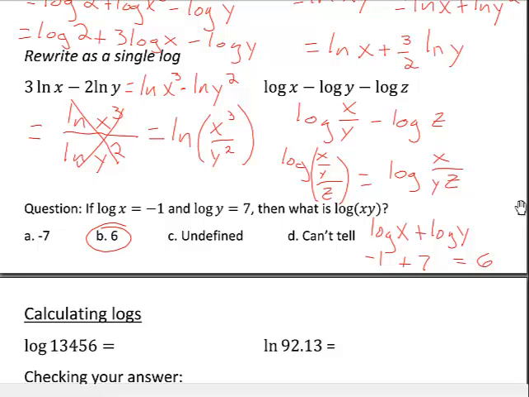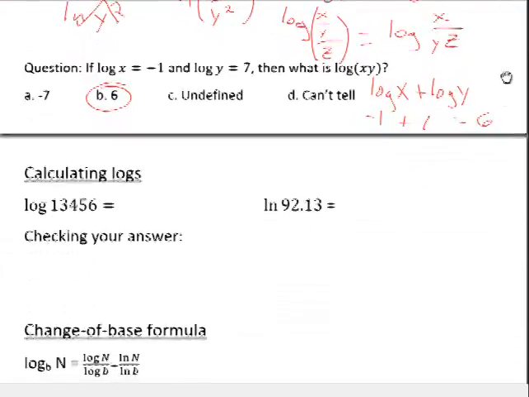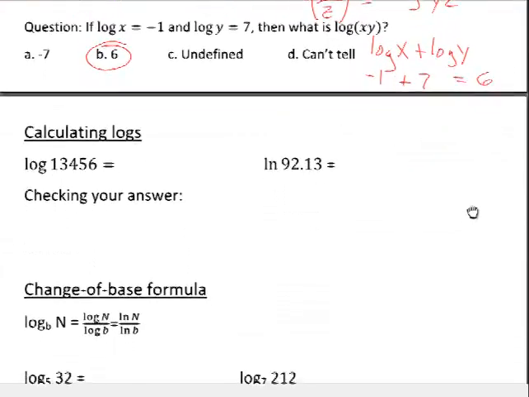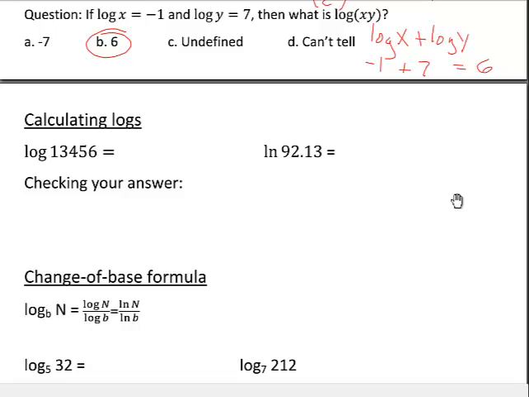So next up then is learning how to deal with these in your calculator. This is fairly straightforward. We have a LOG button on our calculators. We have an LN button on our calculators, so we can use those. If you put this in your calculator, you're going to get a rather long decimal.